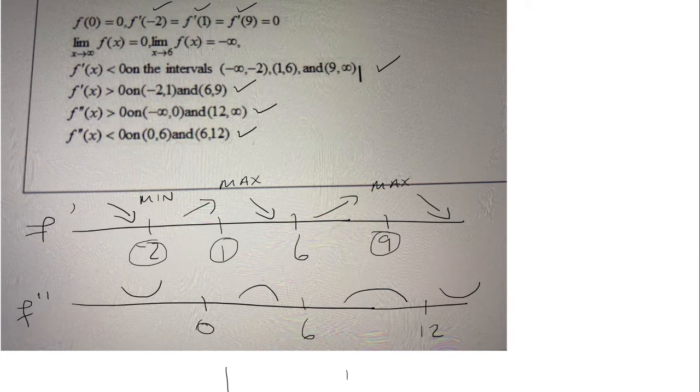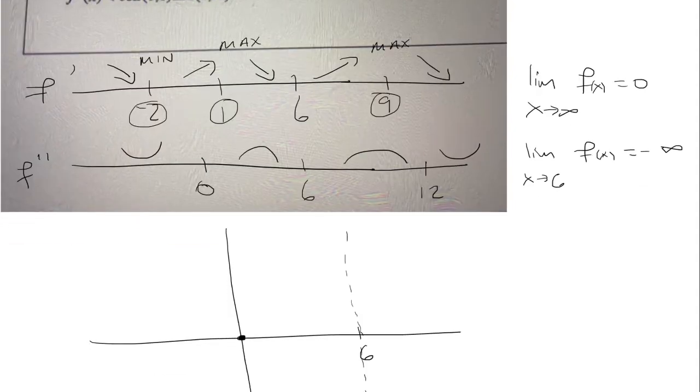So the limit, I guess I could just write on the side here. Limit as x approaches infinity, f of x is 0. Limit as x approaches 6 of f of x is equal to negative infinity. Okay, now we're good to go. So I have everything that I need here to graph.